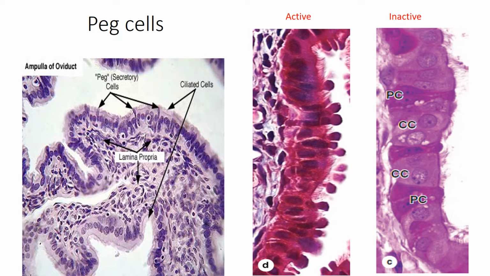So during the follicular phase and the initial part of the luteal phase, just after the ovulation, this portion is more active. Since it has to provide the nourishment to the secondary oocyte or the embryo, these cells enlarge and their secretion is more elaborate.